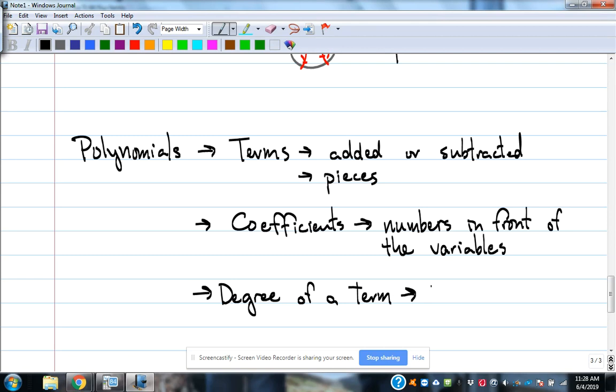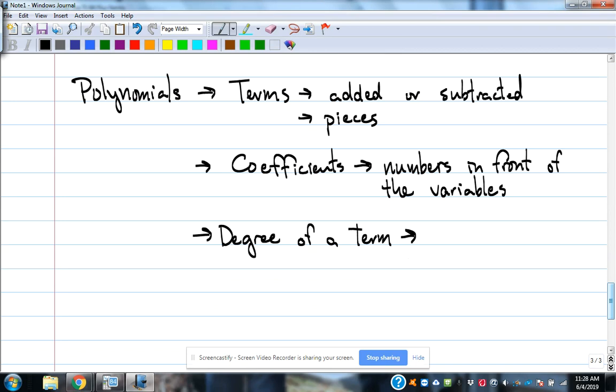So if we're going to look at the degree of a polynomial, to find the degree of a polynomial, you got to know the degree of each term. And remember, terms are the pieces that are separated by addition or subtraction. You're going to add the exponents. Sum of the exponents on the variables for each term. Okay? Each term is going to have a separate degree.